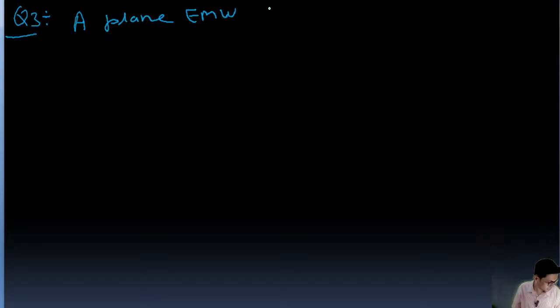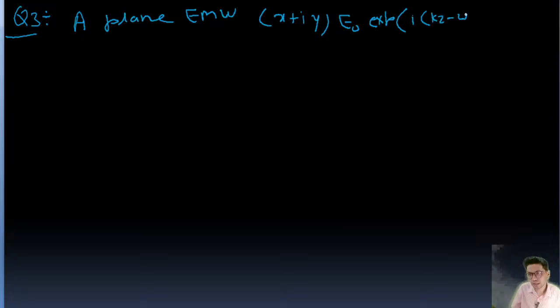Question number 3: a plane electromagnetic wave, EMW, with electric field given by (x plus iy) E naught exponential of i(kz minus omega t).